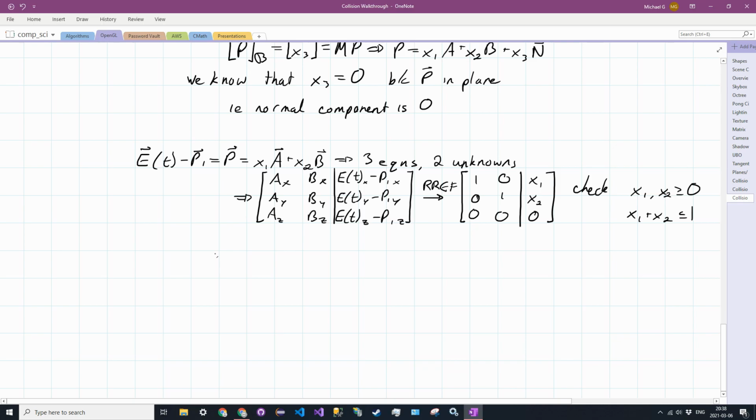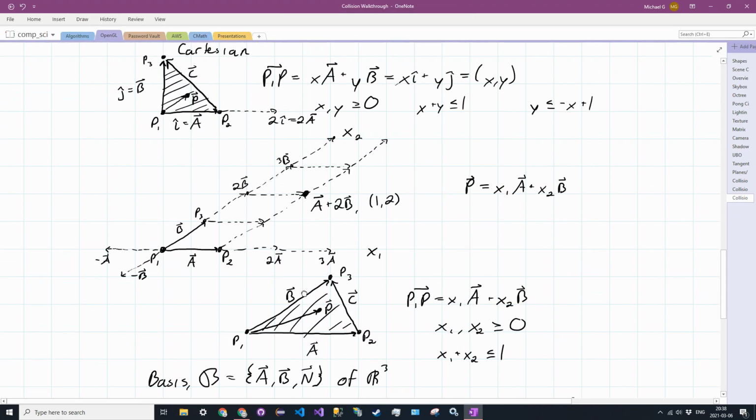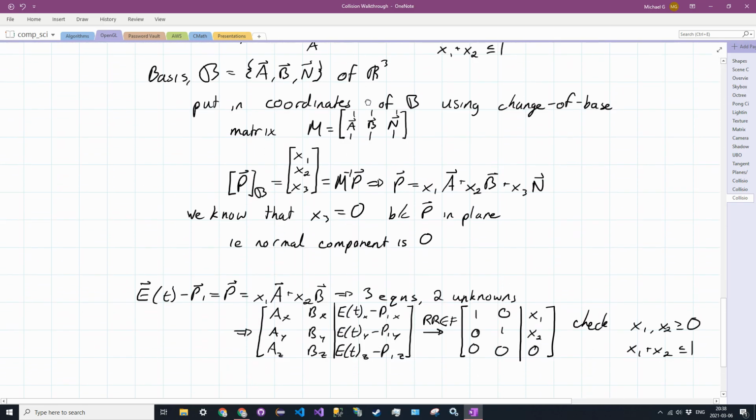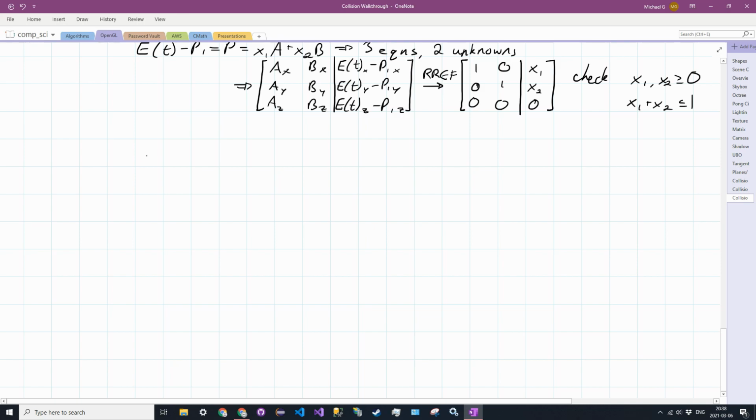Alright, so using our values, we found that t is approximately 0.28, up here. So we have E at t equal to approximately minus 0.44, 1.28, 0.14.